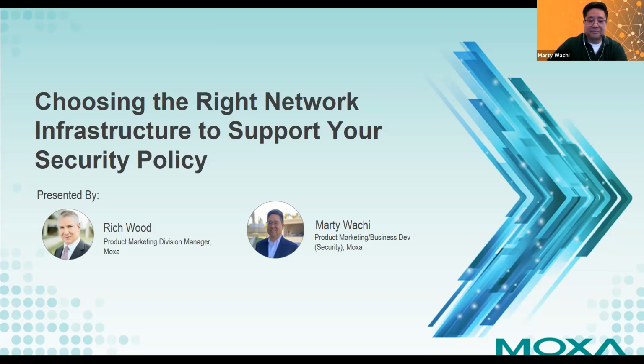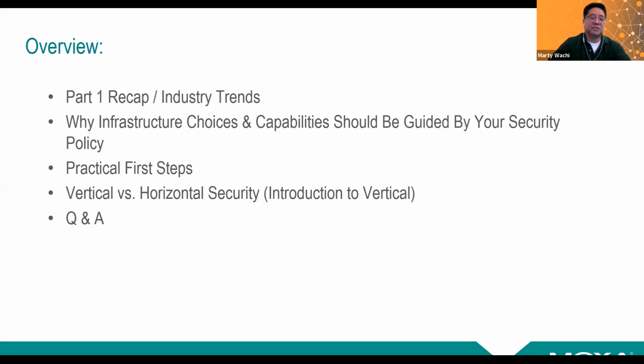Hi, everybody. So let's just really quickly recap what we went over in the first go around. Then there will be an intro, and we'll talk a little bit about some of the industry trends. I want to spend some time really talking about why your infrastructure choices and capabilities should be guided by your security policy, to make sure you're getting the right features in the products that you're selecting, both now and in the future.